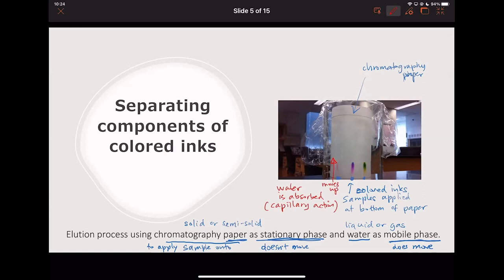So just like the experiment you guys did where you got water to move from one cup to the other through a paper towel, the water moves up this chromatography paper, up the stationary phase, against gravity because of capillary action. So the water moves up, and as it moves up, it causes a separation of those inks. And that's the goal, to separate those components.